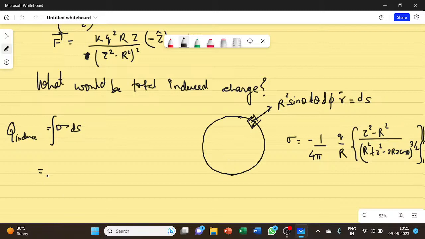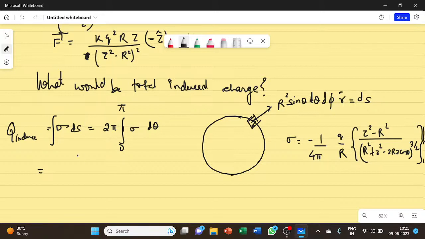So that will be equal to sigma into ds, and this will be equal to 2 pi times the integration of sigma d theta from 0 to pi, because there is no term of phi here. So obviously d phi would integrate from 0 to 2 pi.